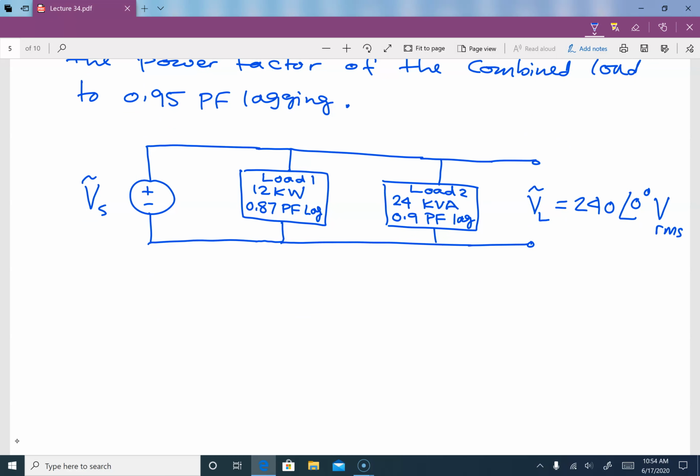So what we are trying to do is to connect a capacitor in parallel with this combined load. So first of all, we have to combine both loads together.